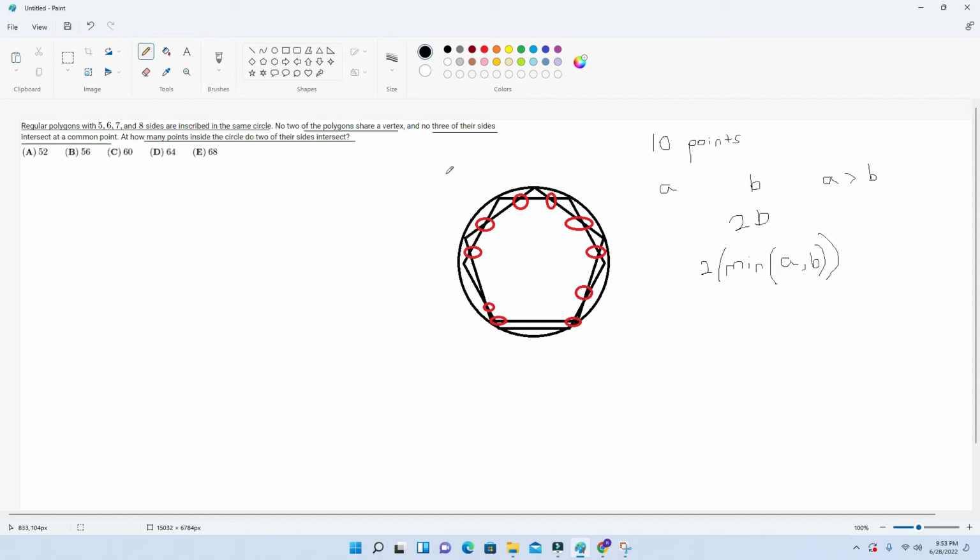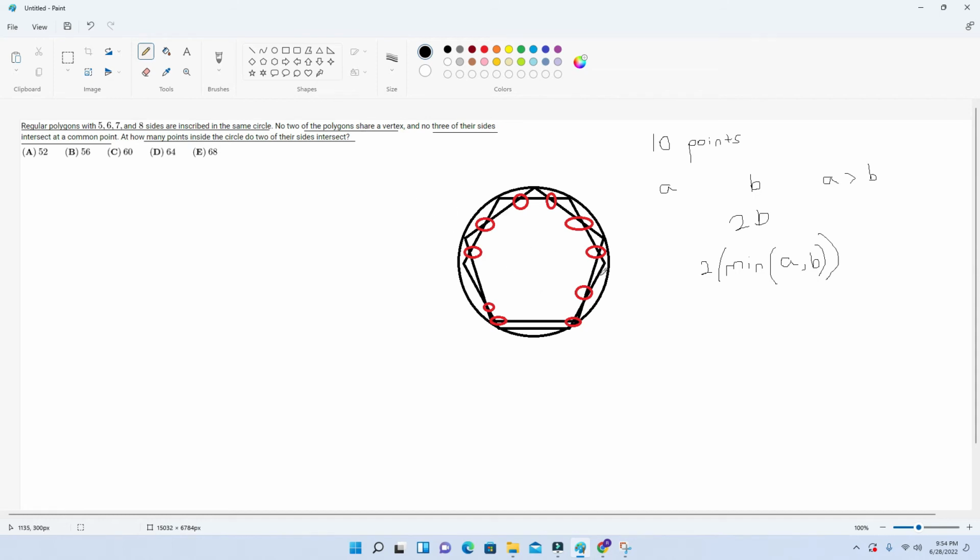So if we want to think about the number of times the pentagons, hexagons, and heptagons get intersected, we just need to keep in mind this formula. So I'm not going to draw a heptagon and an octagon on top of this already existing pentagon and hexagon because it'll just muddle up the image.